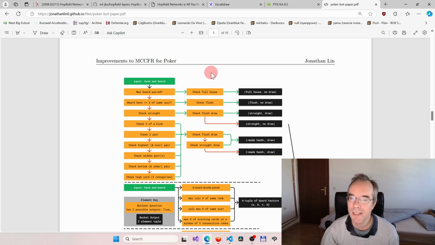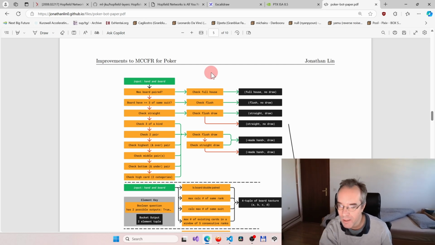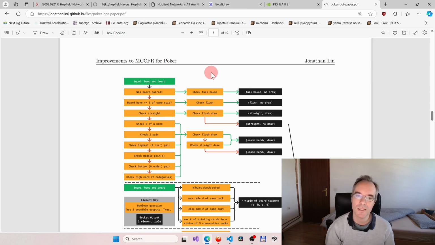So that's why I think that in addition to the inputs, adding extra information like the rank of the hand could improve performance significantly.